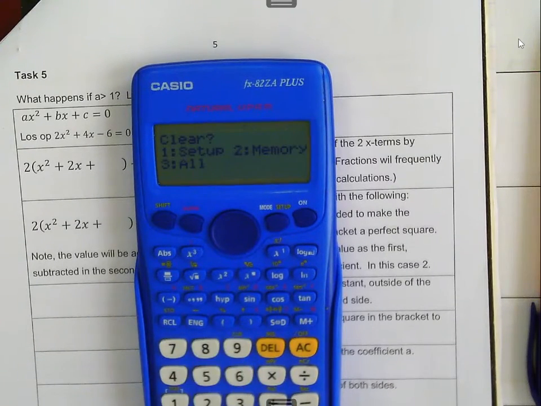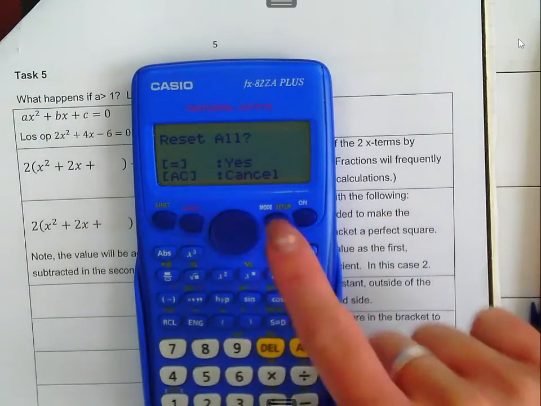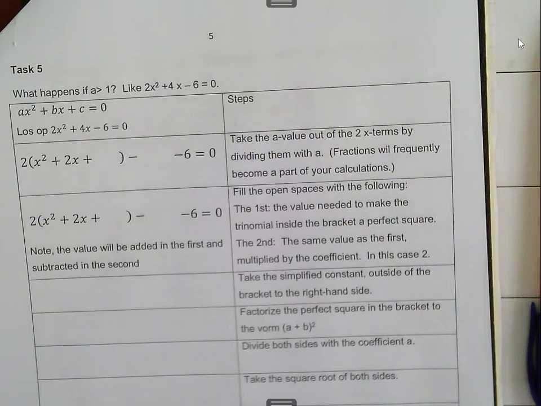You say clear. Then there are setup, memory, all. You say 3, reset all. And then they say if you want to say yes, you press equal to. If you want to cancel, you press AC. So I want to say yes, reset all, press all clear button. Okay. So shift 9, and then you accept it until it's clear.